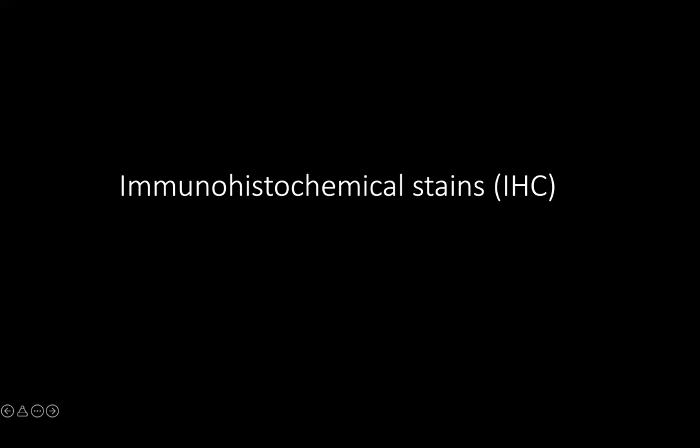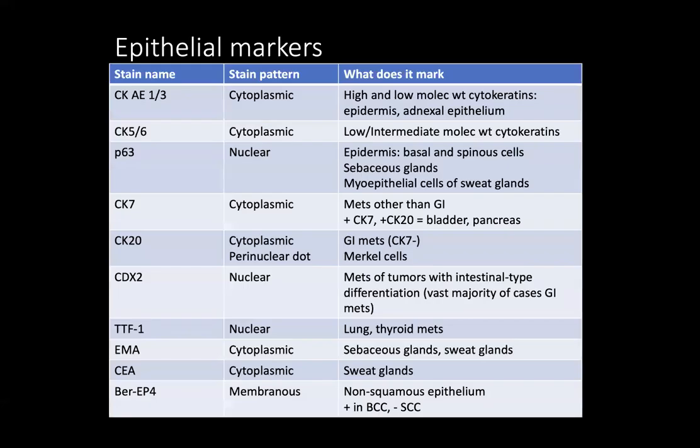The possibilities for research are really endless. And when you learn more about immunohistochemistry, you can also correlate that with molecular technology as well. So you can learn a lot about human physiology, histology, and dermatopathology through immunohistochemical stains.